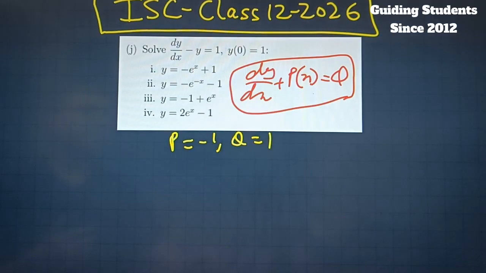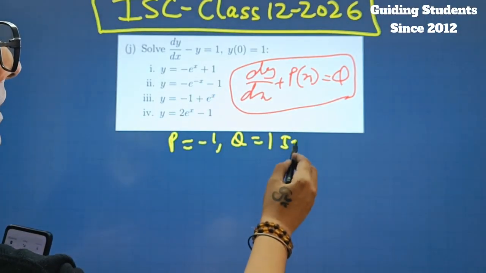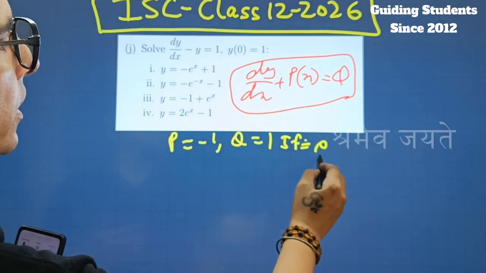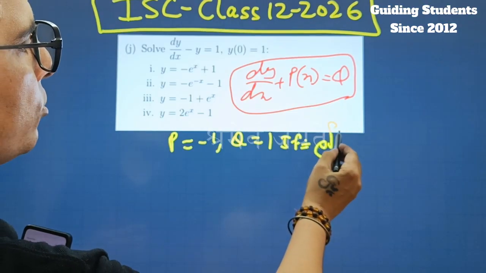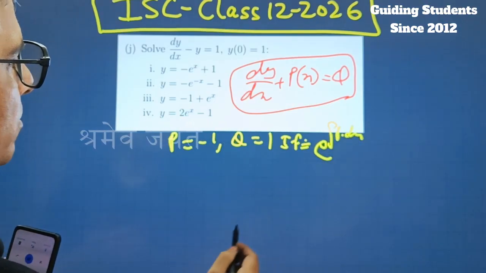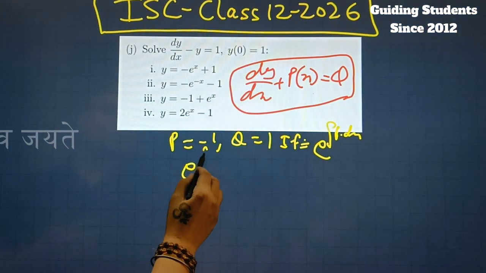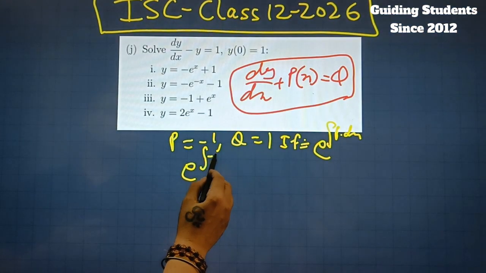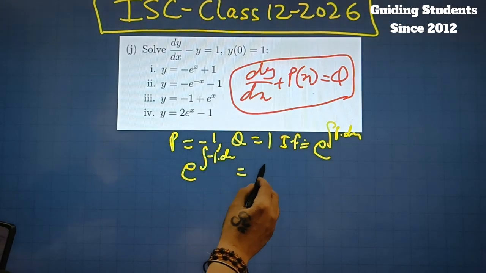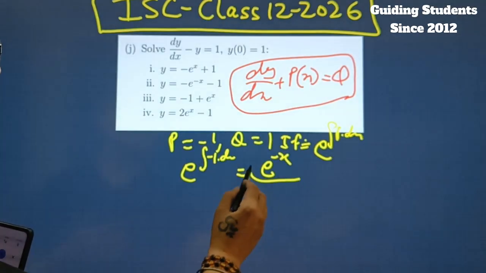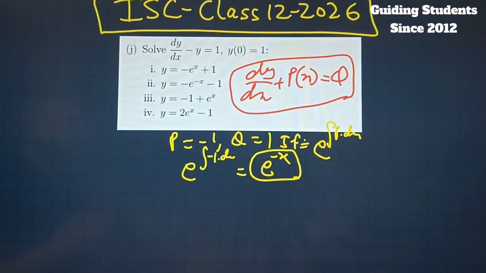We need to find the integrating factor, that is called IF. IF equals e raised to the power integration of P dx, very simple. So e raised to the power integration of minus 1 dx, which is equal to e raised to the power minus x only. So this is our integrating factor.